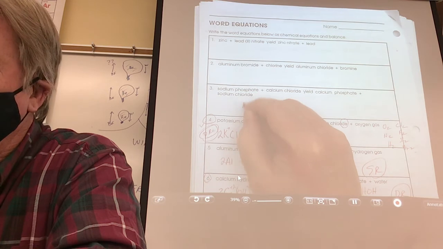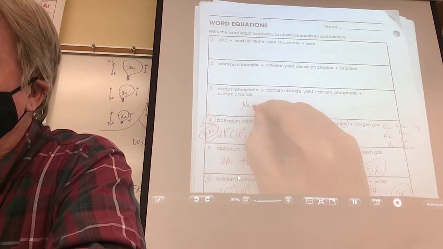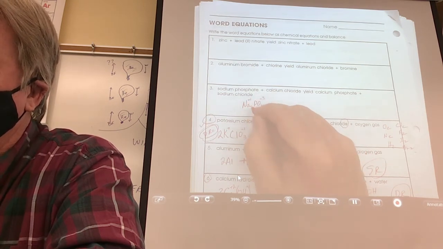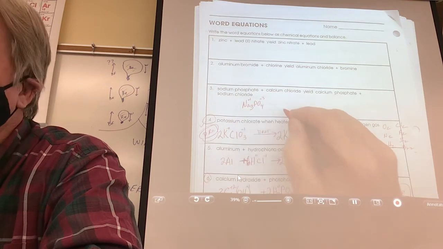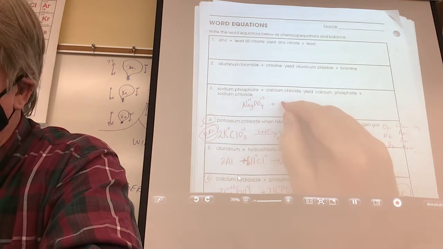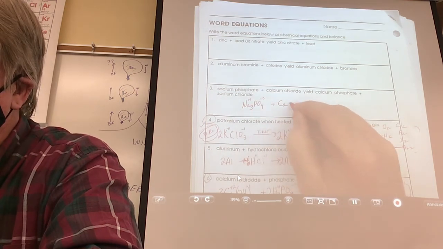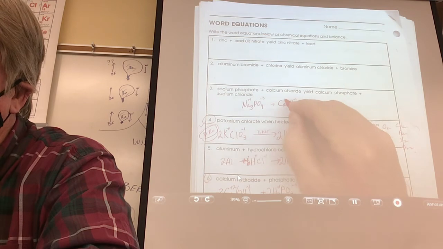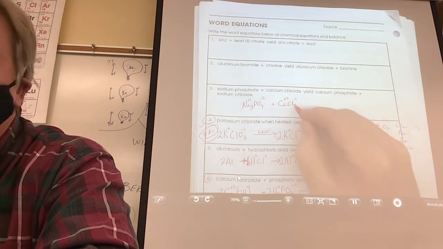Okay, I'll start with Na3 and phosphate. Okay, so phosphate was -3 and sodium's +1, so that's why you had to have 3 sodiums, right? Yes. And then I did plus CaCl2. Okay, so chlorine's -1. Calcium's +2. That's why you had to have 2 of those.